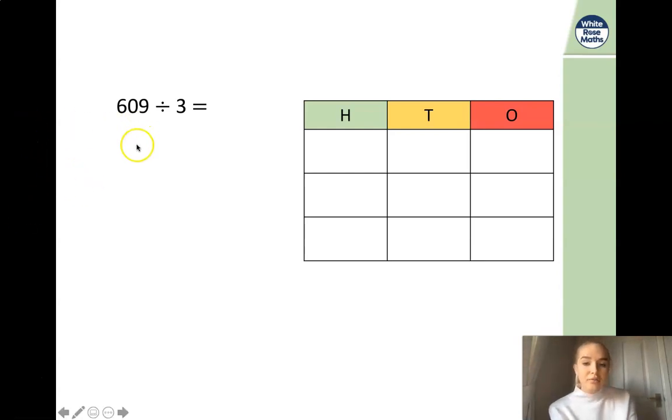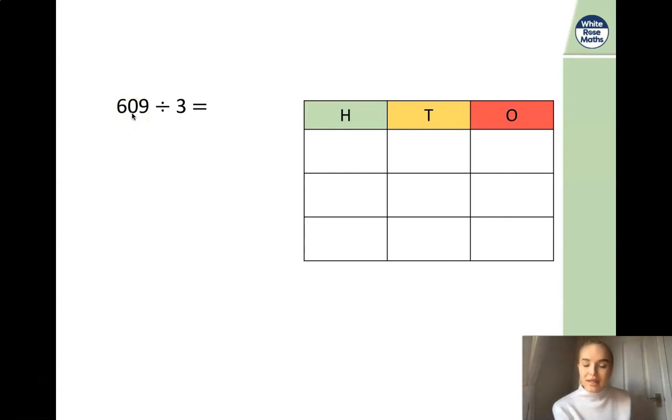Now, can you tell me before we start, what does this number 6 represent in my number? That's right, it represents 600. Now, this number here, 0, does this represent my hundreds, tens or ones? Absolutely, it's my tens.